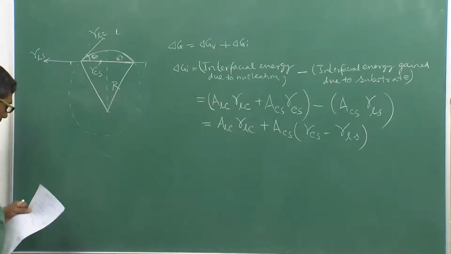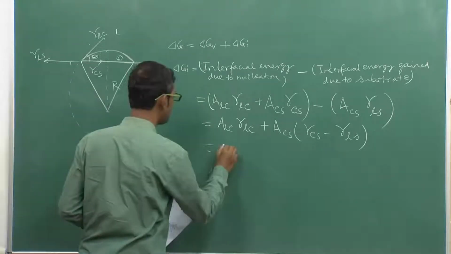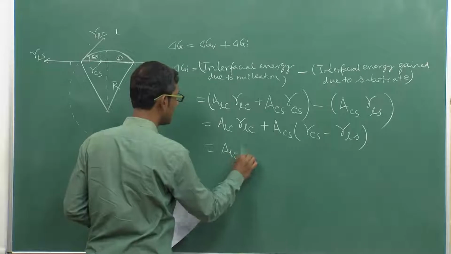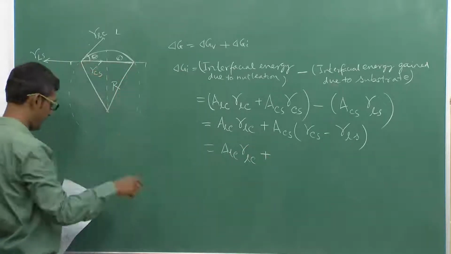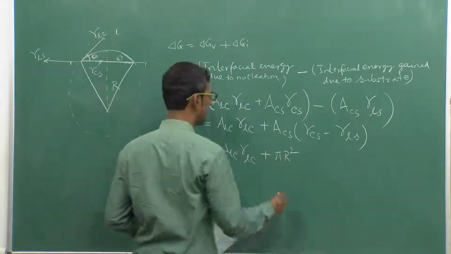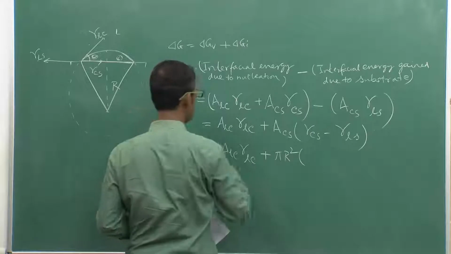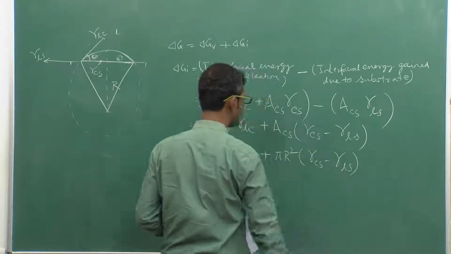Now I can write this as A_LC gamma_LC. So what is A_CS? It is this surface area, nothing but pi r square, if r is this one, times gamma_CS minus gamma_LS.